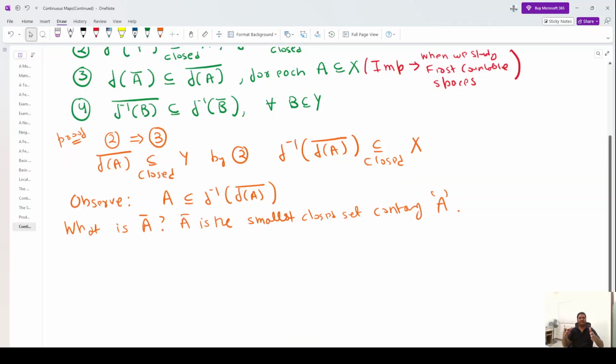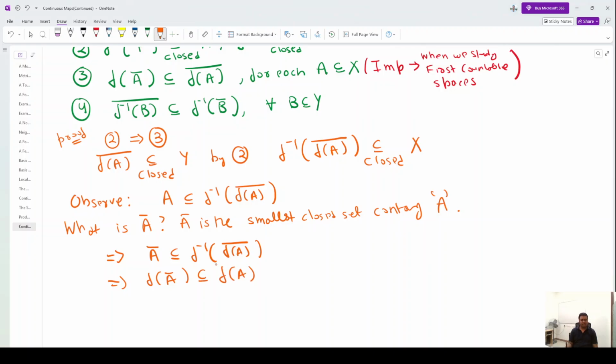But f inverse of the closure of f of A is also a closed set containing A. So the closure of A should sit inside f inverse of the closure of f of A. What this implies is that f of the closure of A sits inside the closure of f of A. I hope you got this; perhaps this is the trickiest part.